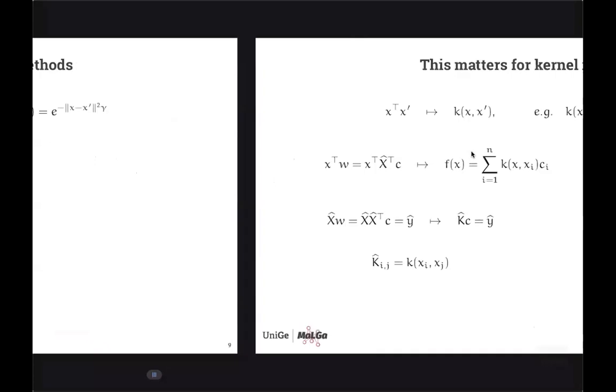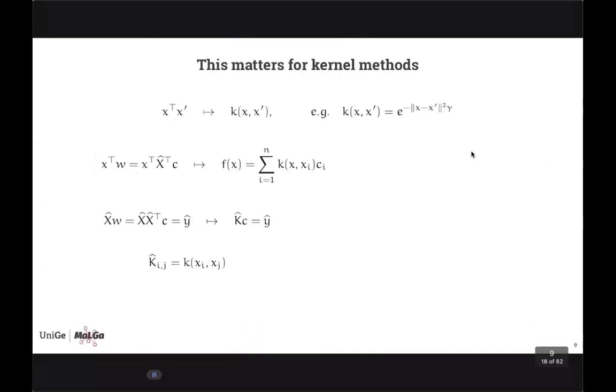If we now write explicitly the expression of these coefficients in the linear combination, we have to introduce a linear system defined by the Gram matrix of the data as before. And the Gram matrix, if we replace inner product with kernels, becomes the kernel matrix, okay? So if you look at the expression of f of x and the linear system that gives the coefficients c, defined by the kernel matrix, you see that all you need is to be able to evaluate the kernel at every pair of points.